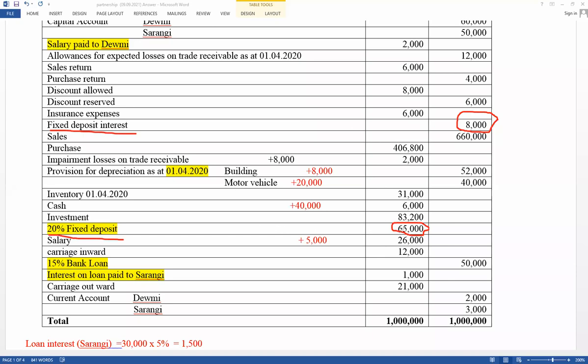Therefore, you have to calculate interest income based on 65,000 at 20%, but 8,000 available. That is FD interest income received in cash. It is relevant for receivable amount calculation. Right? Try to calculate FD interest also. Fixed deposit interest income should be calculated.